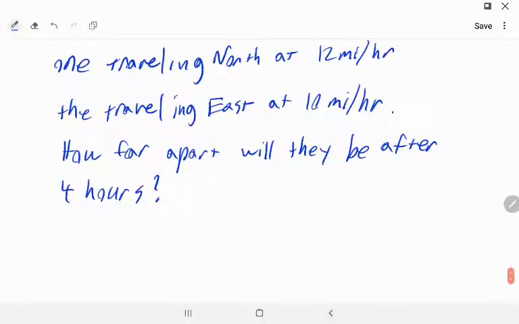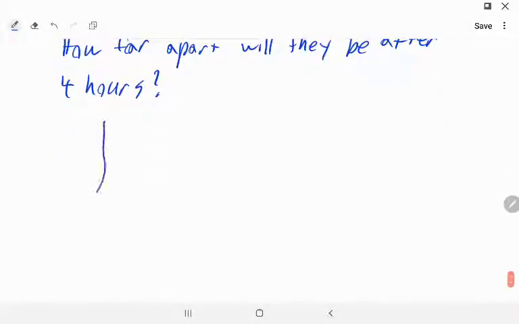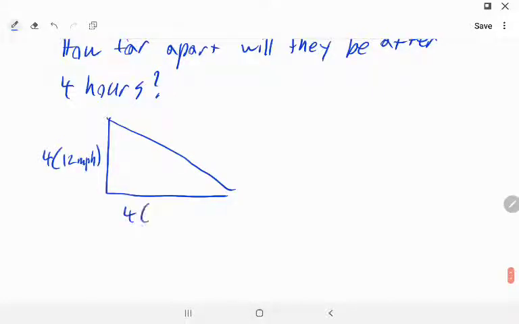And so we notice that we're looking at, it never hurts to draw a picture, and not necessarily drawn to scale. We notice we're saying 4 hours times 12 miles per hour versus 4 hours times 10 miles per hour.